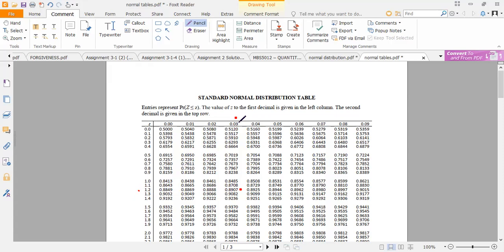All right. Now give me the probability of the Z 1.96, and give me the Z from the probability of 0.9800.